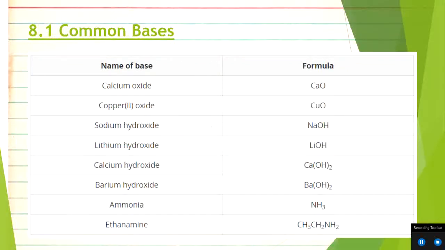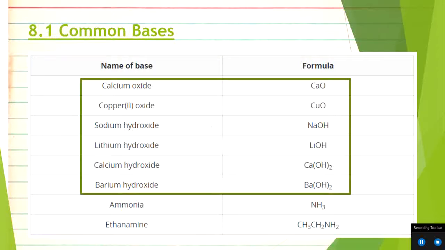And here are some common bases that you should recognize. Same as with acids, we can have strong and weak versions. The ones highlighted in green here are the strong versions, or the strong bases. Okay, and the ones below, ammonia and ethanamine, are the weak bases. The strong bases, you'll notice that most of them are simply group 1 or 2 metals with hydroxide added onto them.